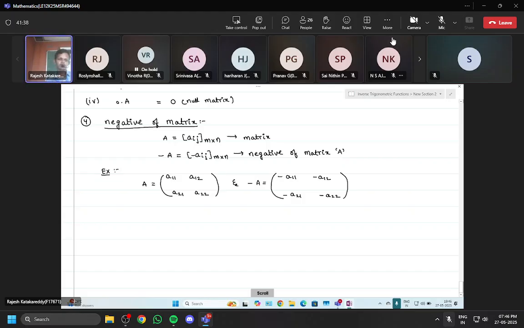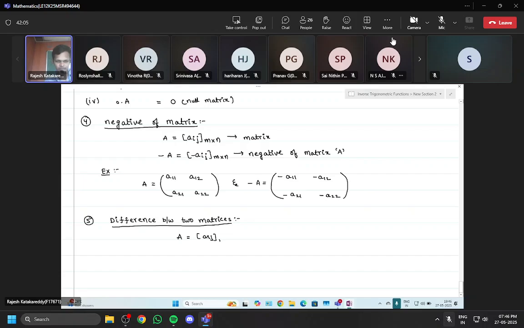If you want to find the difference between two matrices, the difference is also defined only if A and B are of the same order.